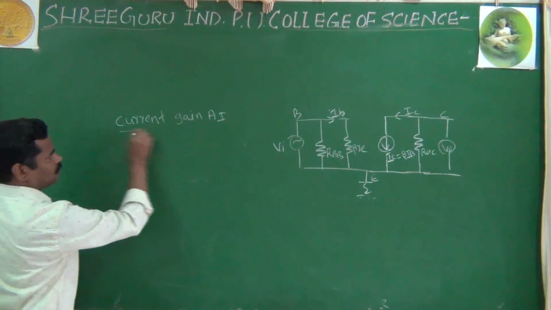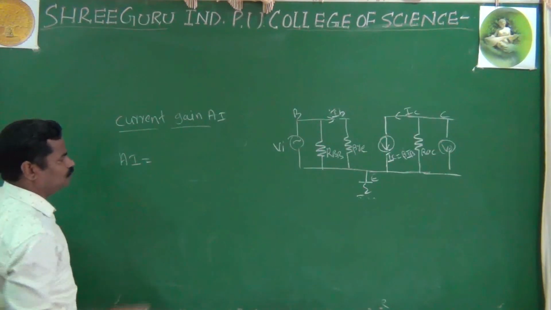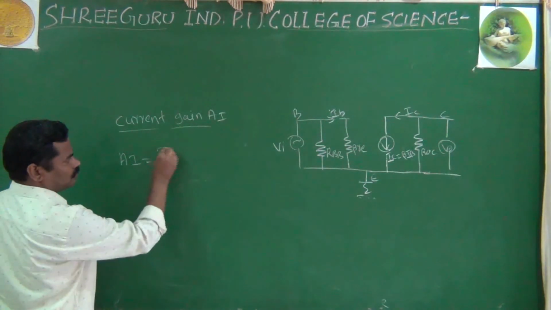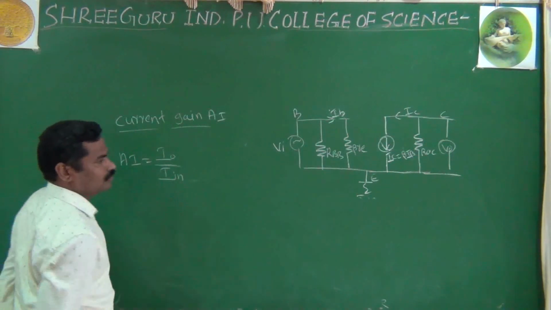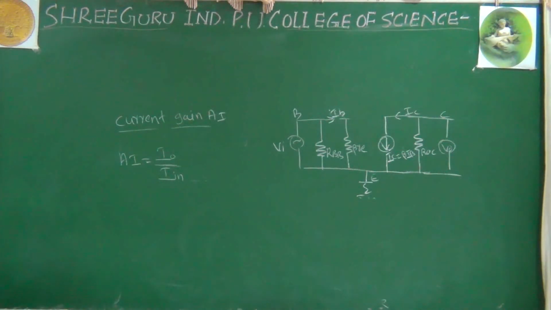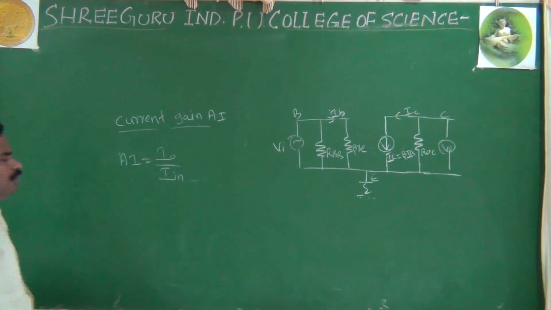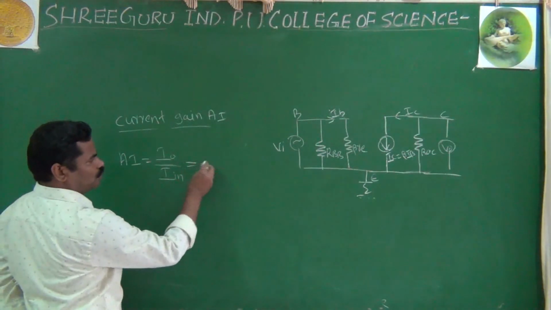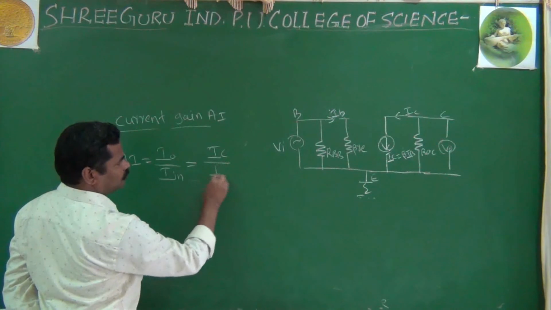Current gain is nothing but output to input, output current to input current. What is output current? IC. What about input current? IB.